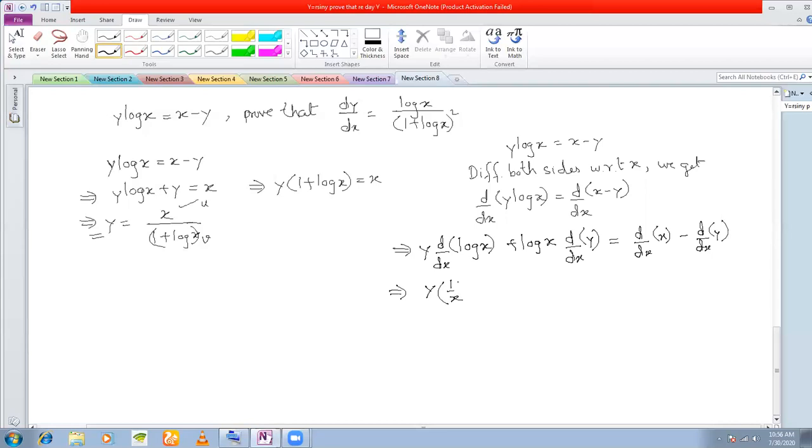So y into 1 by x plus log x d/dx of y is dy/dx. d/dx of x is 1 minus dy/dx. Now you collect the dy/dx terms together. So this is y by x. Therefore, if I collect, I will get log x dy/dx plus dy/dx is equal to 1 minus y by x.